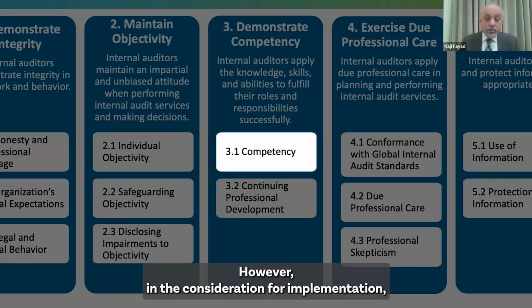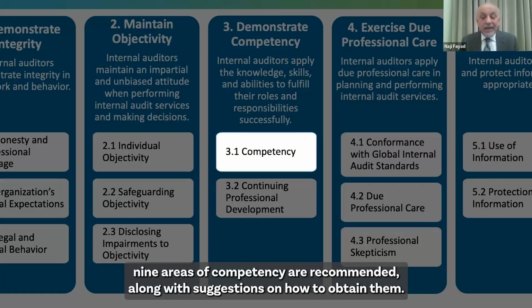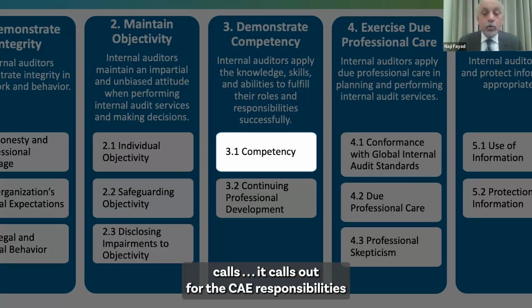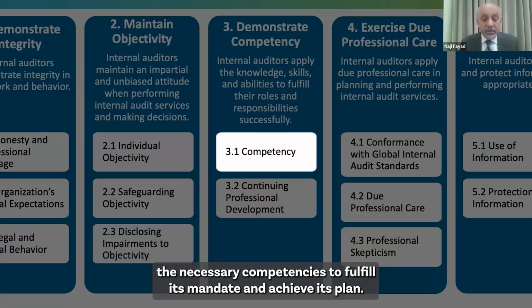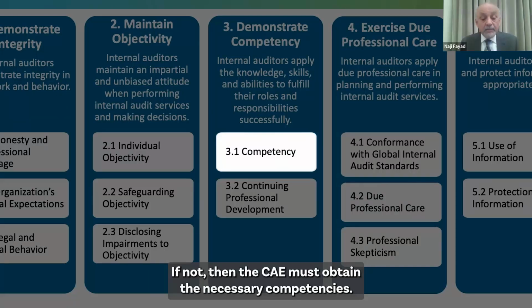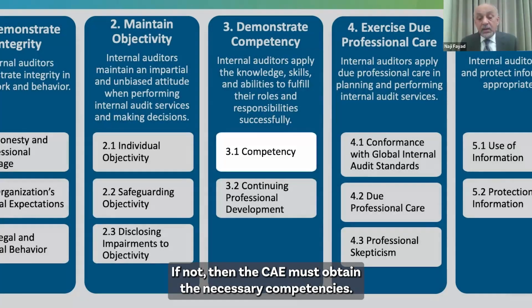However, in the considerations for implementation, 9 areas of competency are recommended, along with suggestions on how to obtain them. This standard also calls out the CAE's responsibility to ensure the internal audit function collectively possesses the necessary competencies to fulfill its mandate and achieve its plan. If not, the CAE must obtain the necessary competencies.